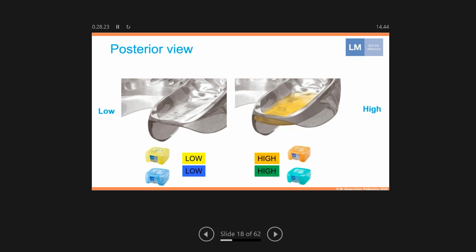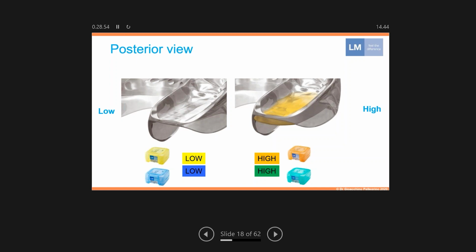And this is the origin. From this concept come the words low and high that are connected with the low model of the LM-Activator and the high model of the LM-Activator. And you can see on the slide that we have two different colors, yellow and blue, for the low model, because the low yellow is short, the low blue is long.